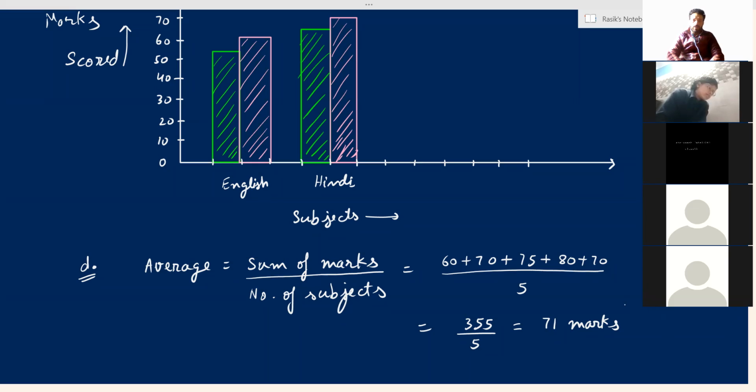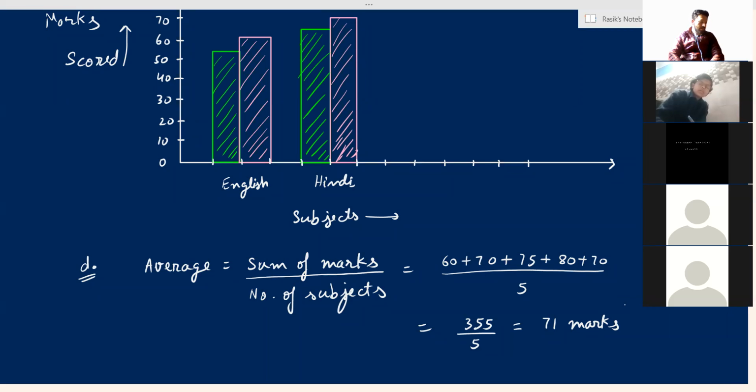Okay, all of you will do question number 4 in homework. Let's start with question number 5. Question 5 you can do in the book only. Look at the graph.